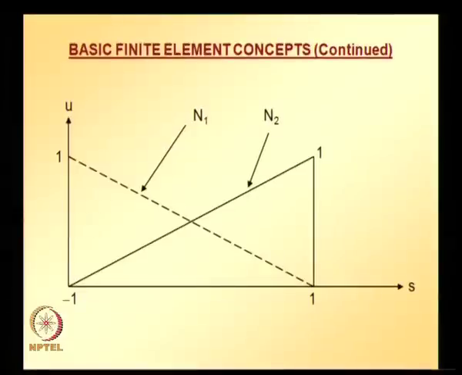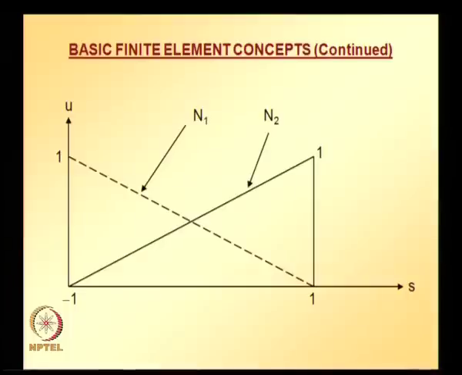And this N1, N2, if you plot on the s coordinate system, the variation of N1, N2 looks like this. N1 is going to have a value equal to 1 at its own position, that is, N1 is 1 at s equals minus 1, N2 is 1 at s equals 1, and N1 will be 0 at s equals 1, N2 will be 0 at s equals minus 1.